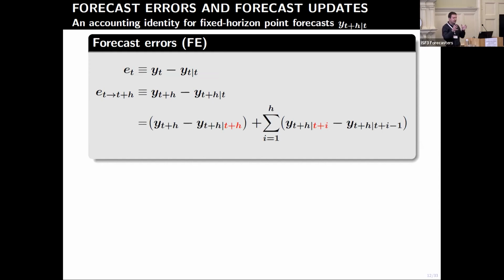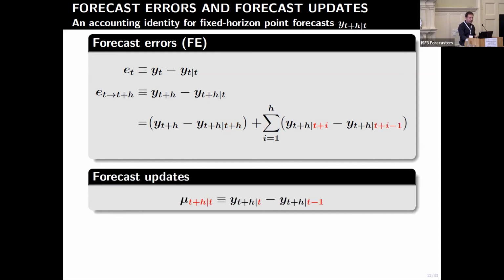This is just an identity. This is the h-step-ahead realization and the h-step-ahead nowcast. The difference of this is the h-step-ahead nowcast error and the sum of the forecast updates. This is what you see in the second term on the right hand side.